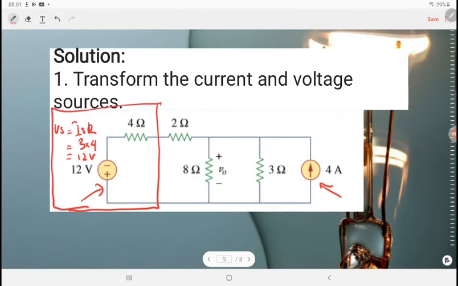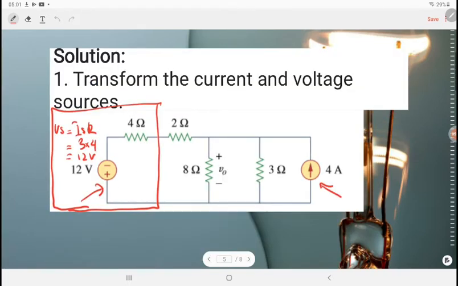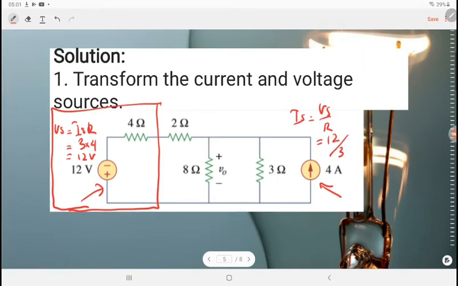Next, for the voltage source, we convert it into a current source. The voltage source value is 12 volts. To convert into a current source, we use Ohm's law: Is equals Vs divided by R. Vs is 12 divided by 3, so Is equals 4 ampere.